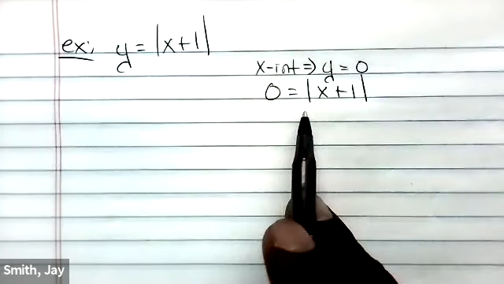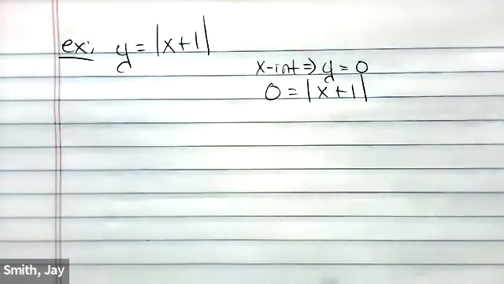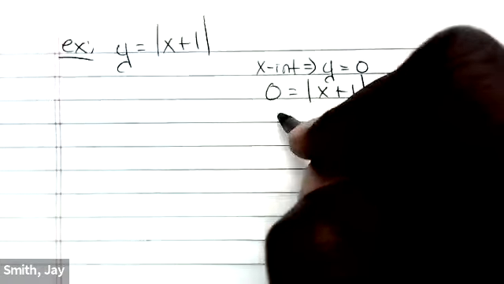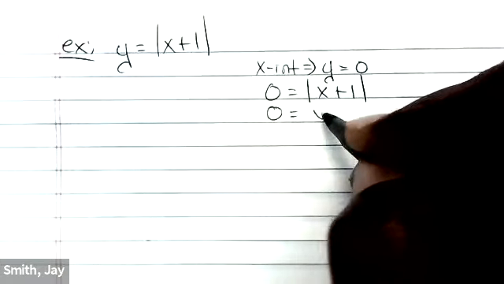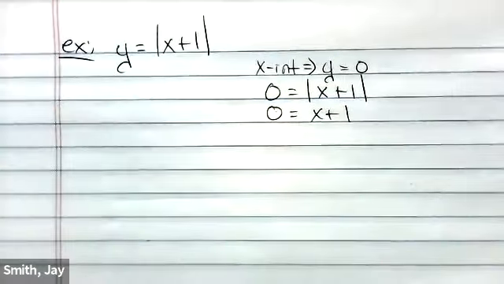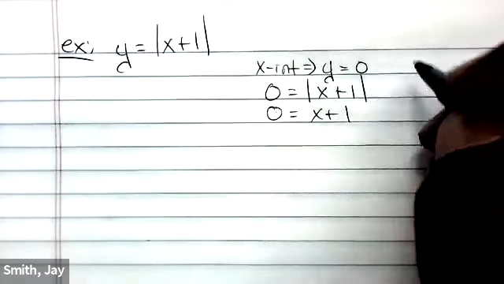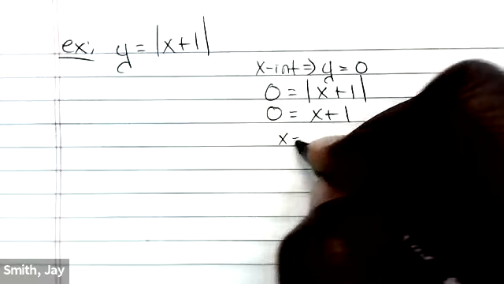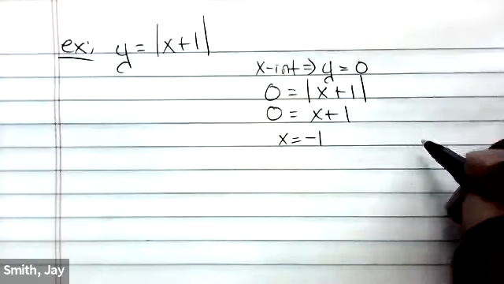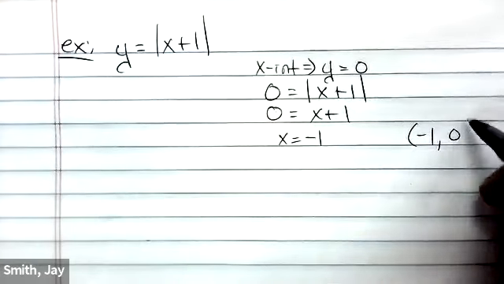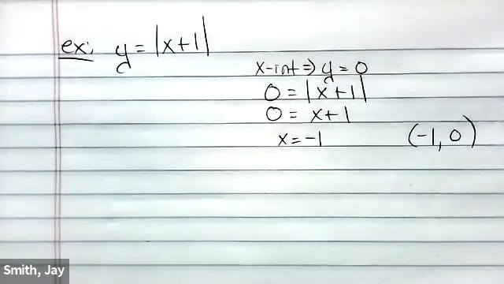Remember that with absolute value equations, we're supposed to account for the positive and the negative of the number that we have. Now, because it's 0, there is no such thing as negative 0. We can actually just solve this for x and drop off the absolute value bars. So we have 0 is equal to x plus 1, or our x-intercept is -1, more specifically, the ordered pair (-1, 0).